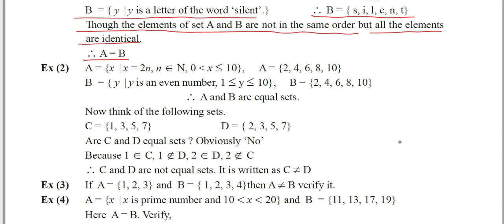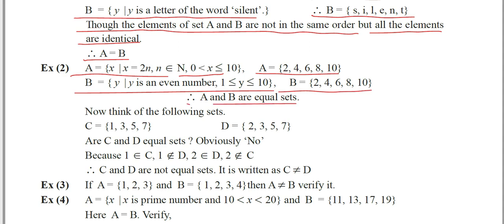Now the next, example number 2. A is equal to {x such that x is equal to 2n and n belongs to the set of natural numbers and x lies between 0 and 10, and equal to 10}. Therefore, the numbers are 2, 4, 6, 8, 10.